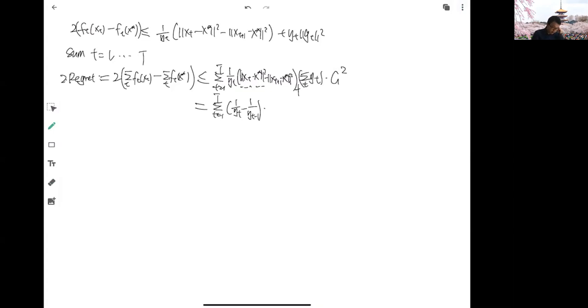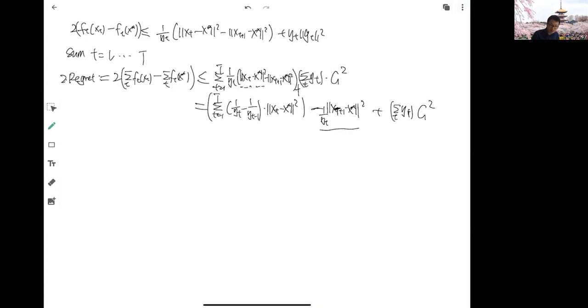So we have ||x_t minus x star|| squared. And after all these, we're going to subtract the last part, which is ||x_{T+1} minus x star|| squared, multiplied with 1 over eta_T, plus the sum of eta_t G squared.